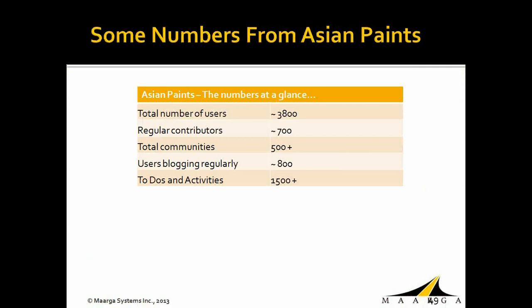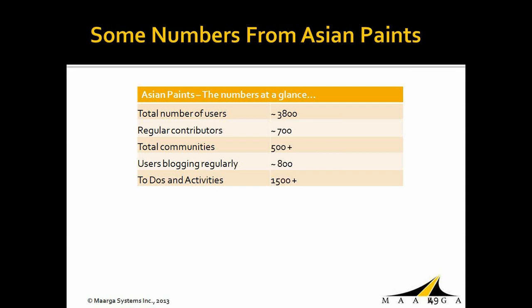So just to revisit the case study that we did, out of about 5,000 employees at Asian Paints, about 3,800 people are using Connections, and there are about 700 regular contributors, about 500 user communities, 800 users are blogging, and about 1,500 users are regularly updating activities and their to-dos.